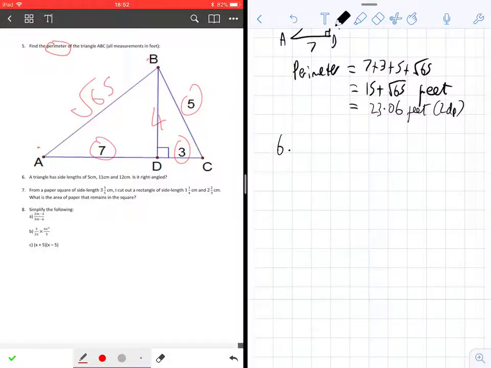Question 6 is asking whether this triangle is right-angled. To answer this, we need to decide whether Pythagoras' theorem works with these lengths 5, 11 and 12. So I'm going to get all of them squared.